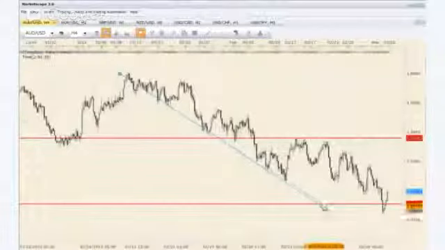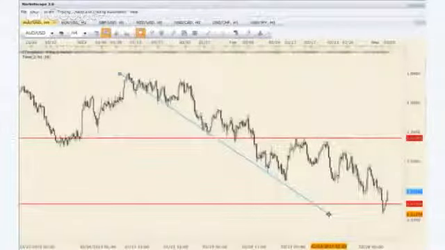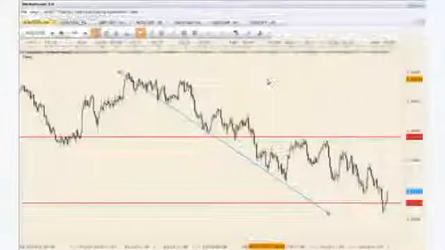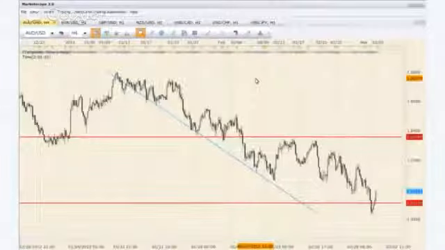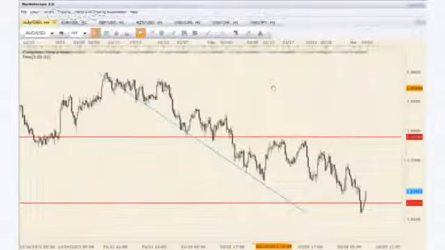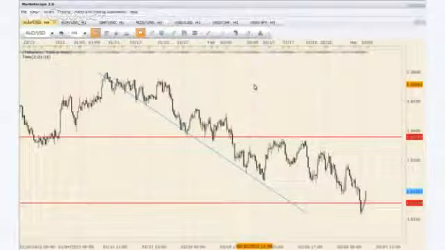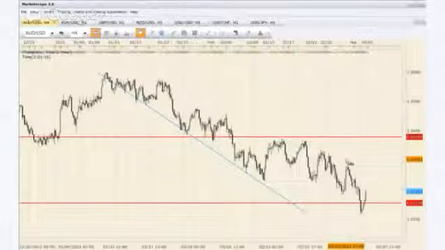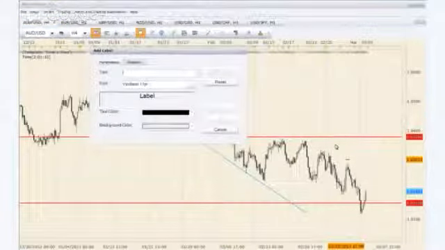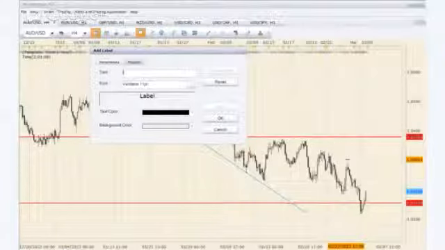And clearly this is still in the downtrend. So I would be thinking I need to look for short trades. And I could put in here, this is a lower high.